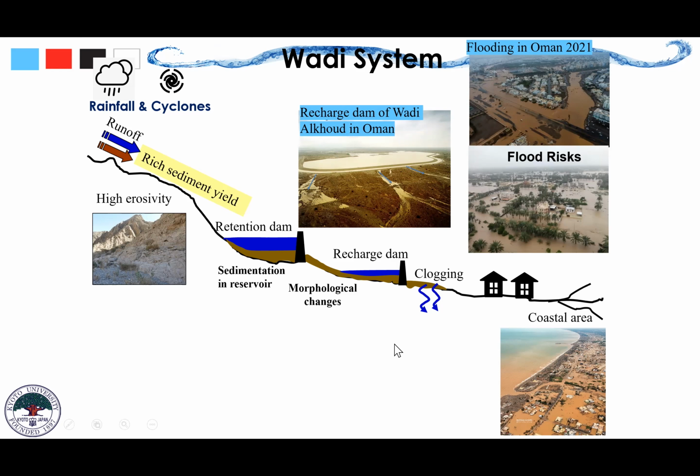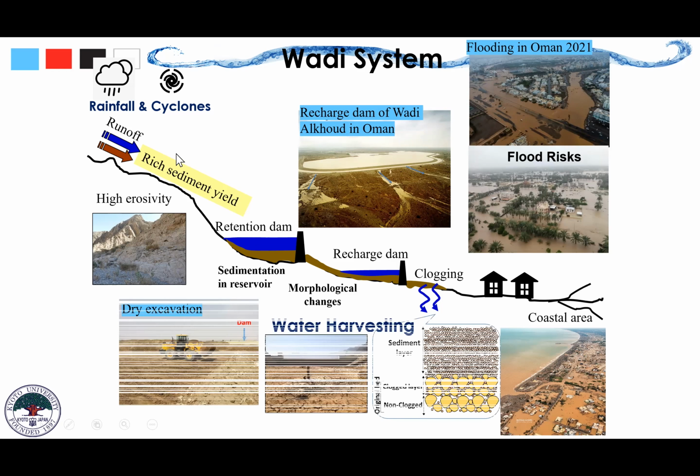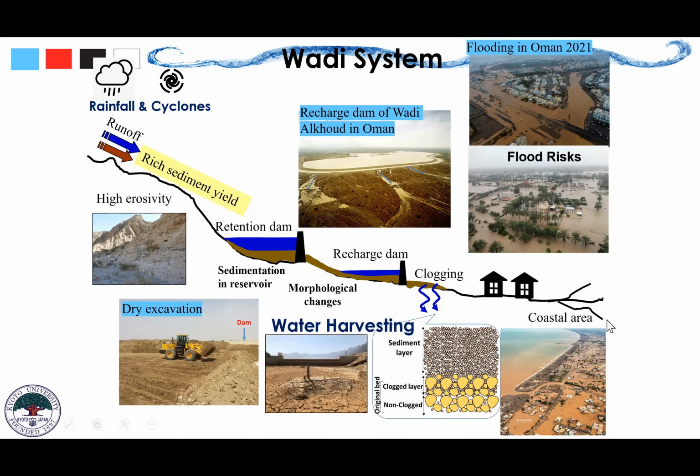So all of this will affect the coastal area, and also the water harvesting or gathering of water for agricultural uses.